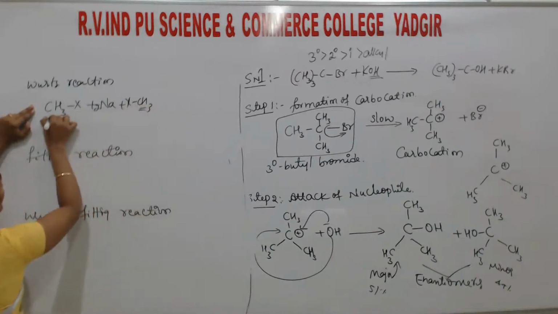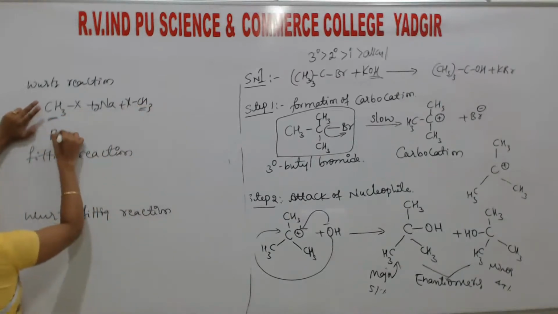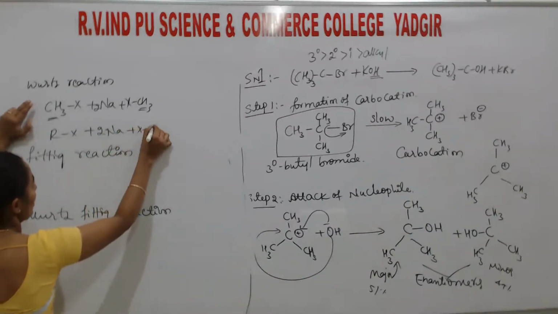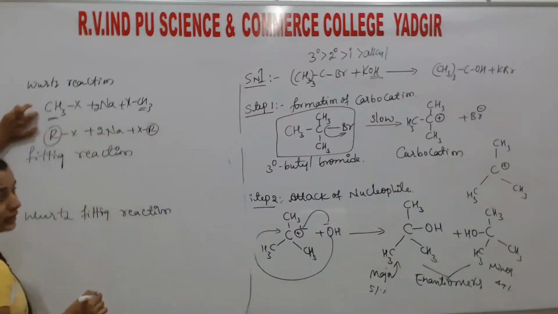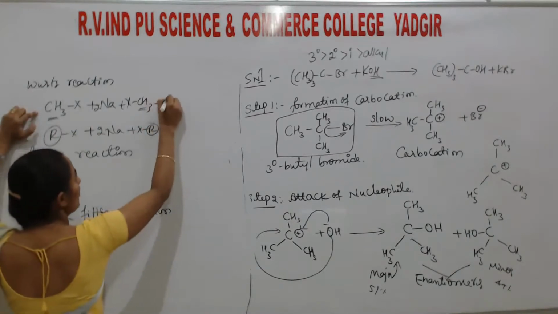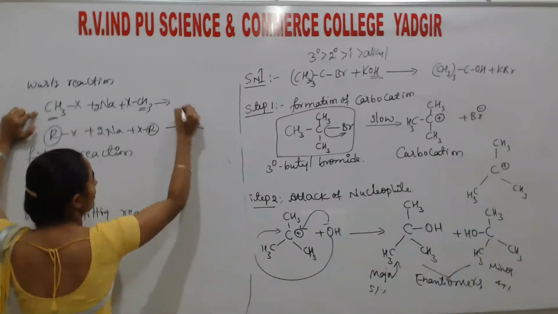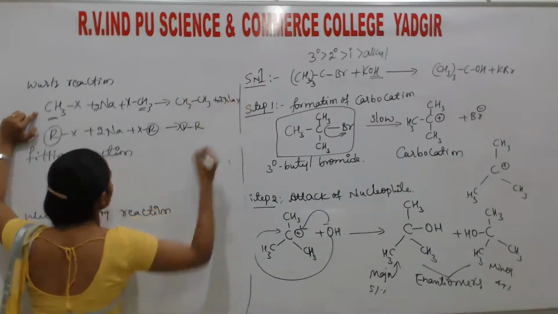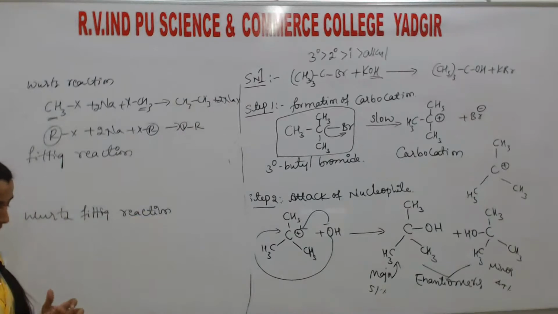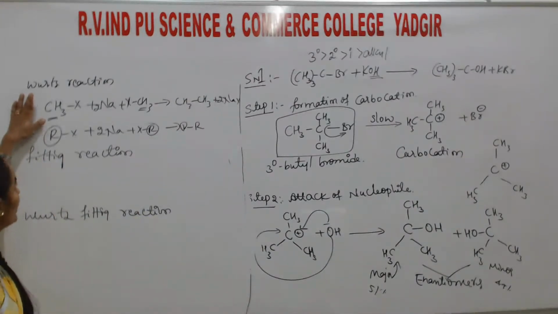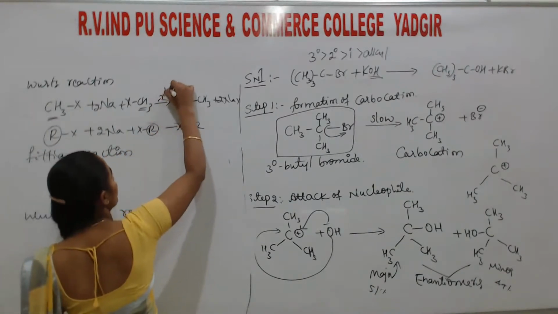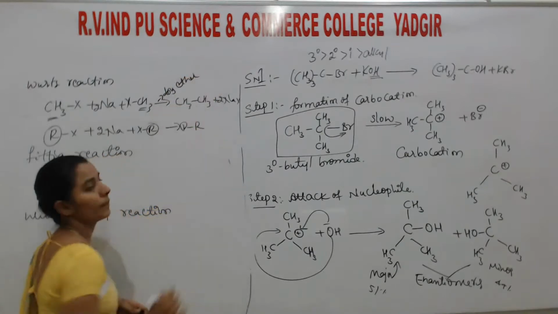Here these two R groups are what? It is a general formula: RX plus 2Na plus XR. This R must be what? Alkyl group. Then they form RR, that is CH3-CH3 plus 2NaX. If the reaction takes place like this, and the R groups consist of only alkyl groups, then it is in dry ether.